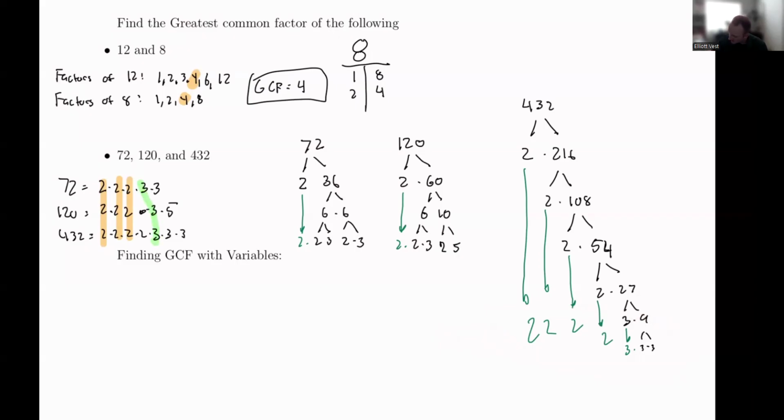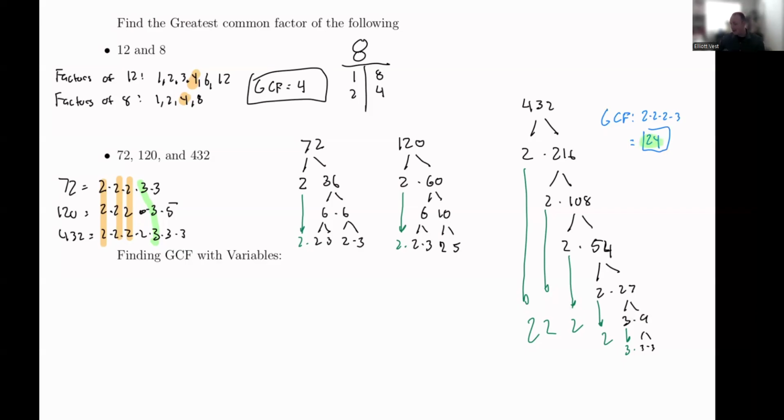What's the GCF here? Maybe I'll write it over here. GCF. The greatest common factor is the multiplied version of all those common prime factors. So 2 times 2 times 2 times 3, which is 8 times 3 or 24, if you were to combine that together. That is the true answer.